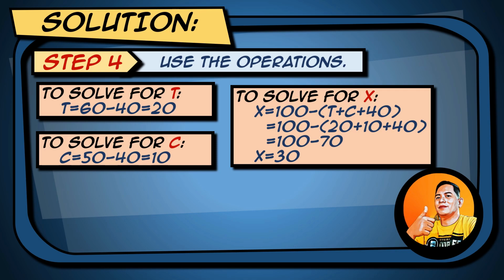Then 100 minus 70 equals 30. Therefore, the value of X is 30. Then 30 is the total number of students who like neither iced tea nor iced coffee.